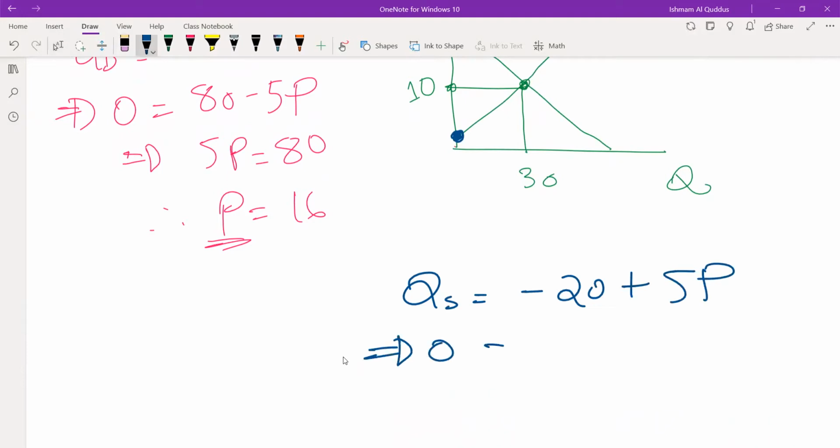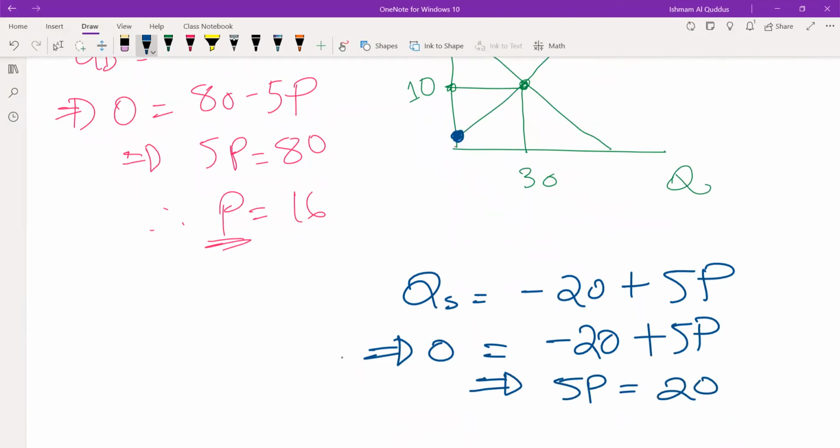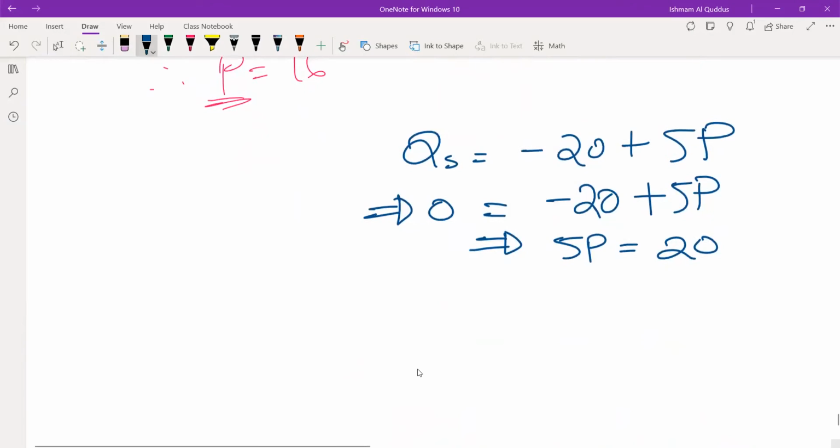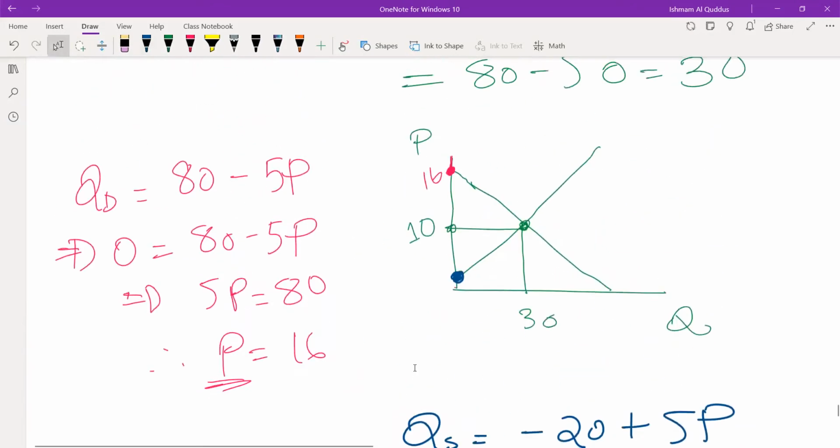Now this is also 0, because at this point the quantity supplied is 0. Minus 20 plus 5p gives us 5p equals to 20, and price equals to 4, right? So price equals to 4.